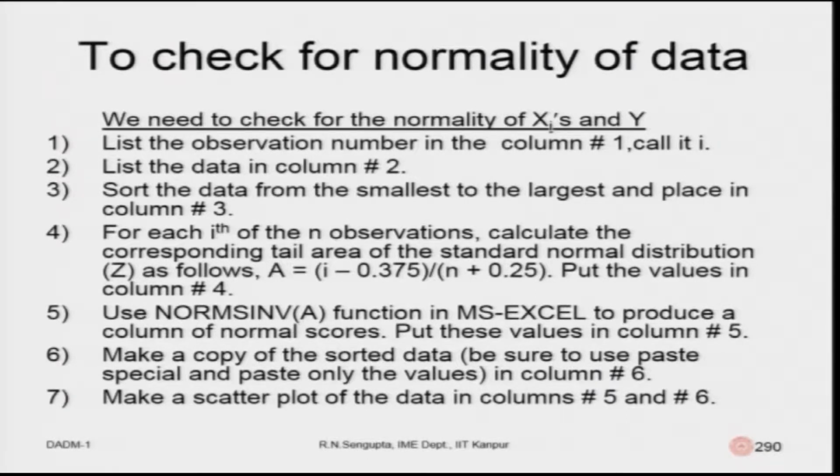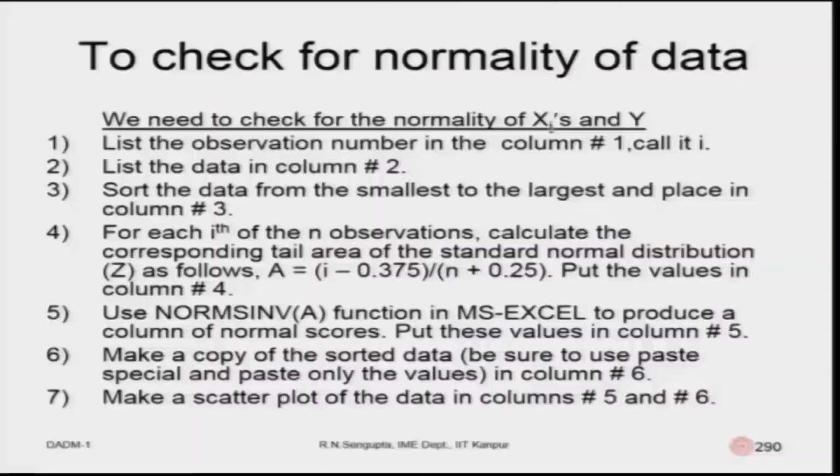Then plot column 5 against the sorted data, and see how straight the line is. Technically, if the data is normal with respect to the standard normal distribution, you get a straight line.